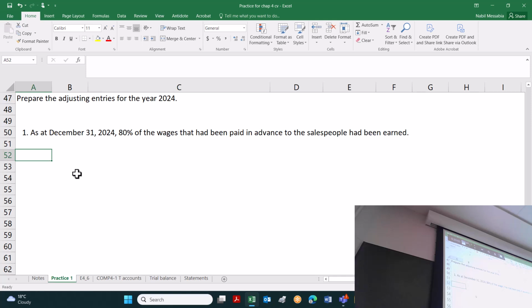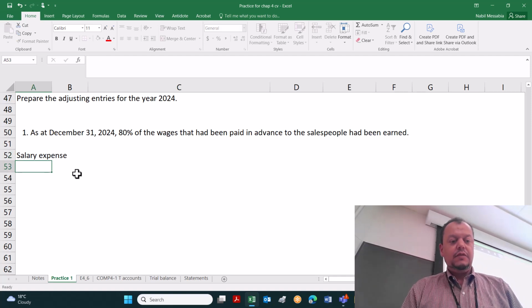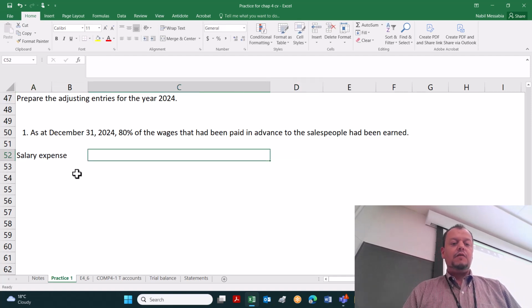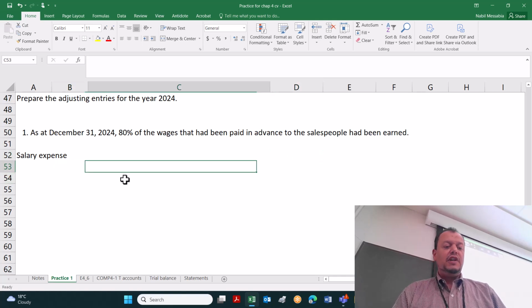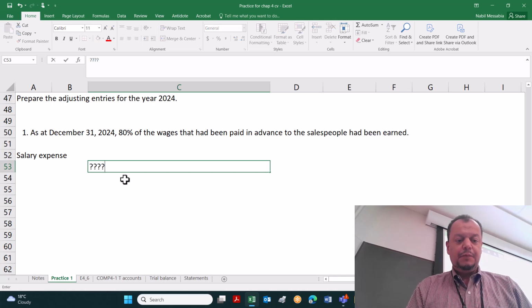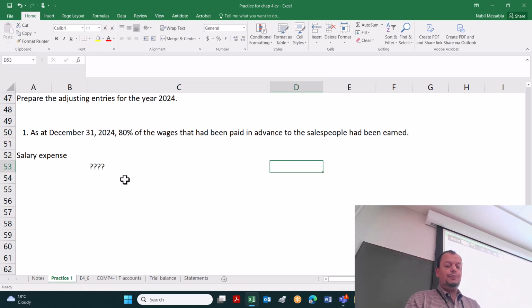The salary expense is an expense, and we need to increase it, so debit salary expense. Okay, we're going to calculate the amount later. For now, we need to know what to credit. Okay, what should I credit?